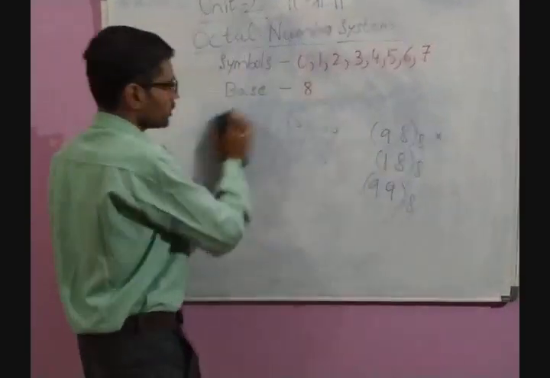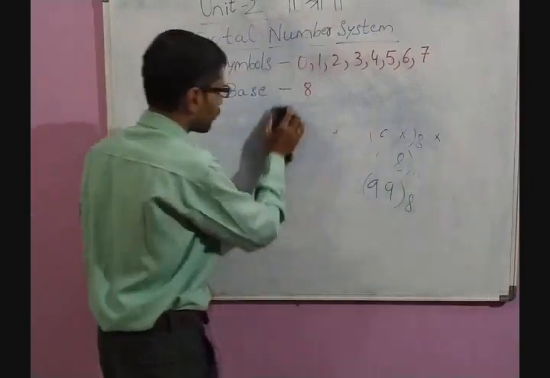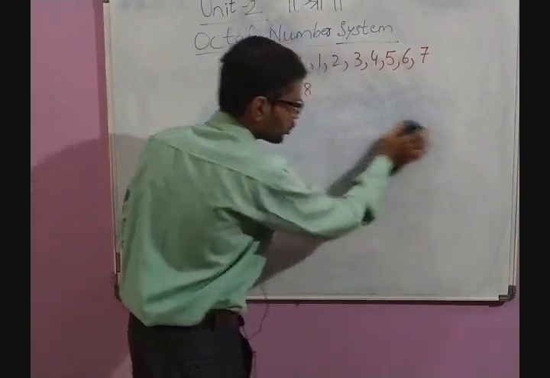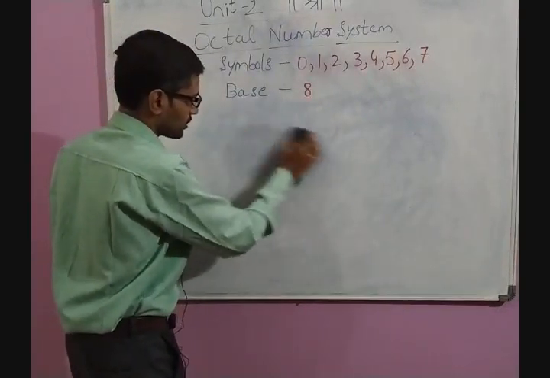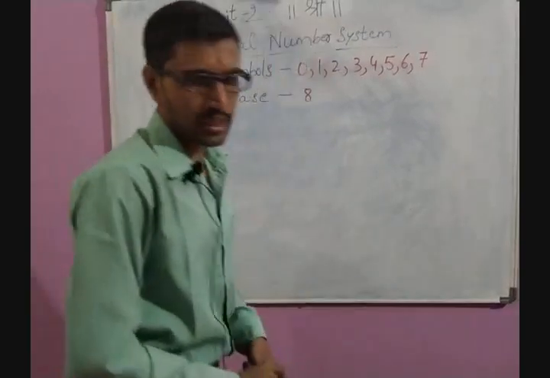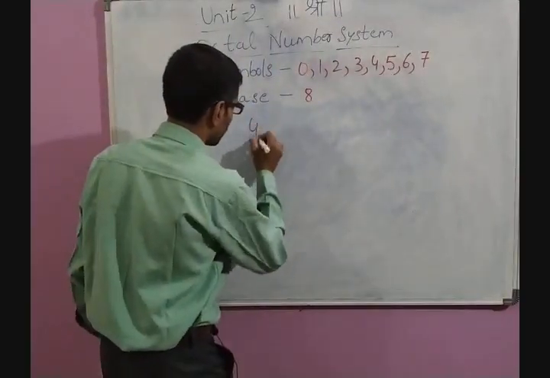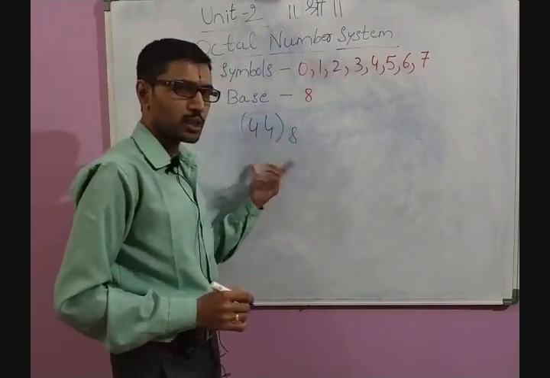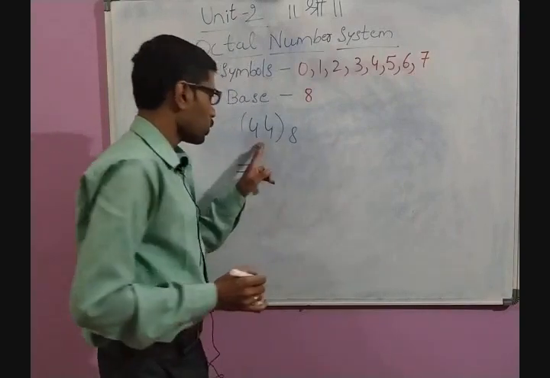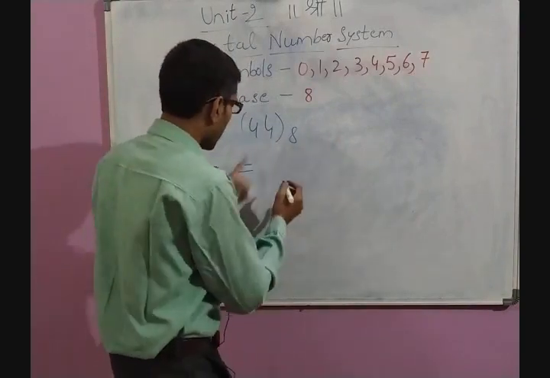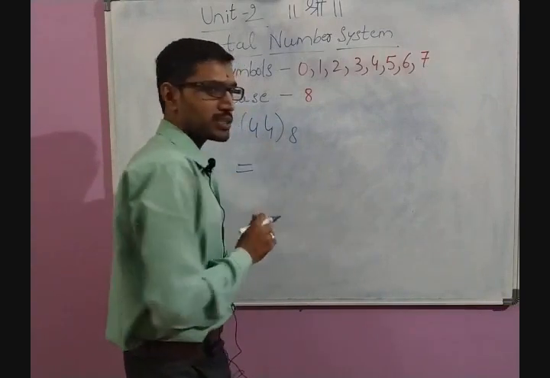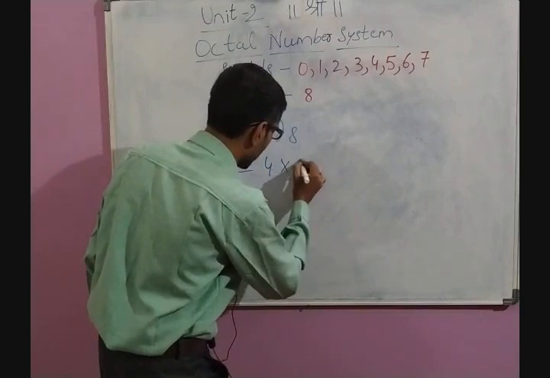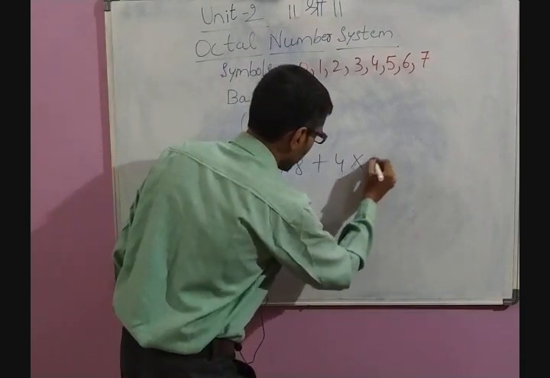Now if I take a number and want to find its decimal equivalent, we need to follow the same procedure that we did with binary numbers. For example, take the number 44 to the base 8. To find the decimal equivalent, I need to take the positional values and multiply them with the digits in the respective positions. So I take 4 into 8 raised to 1 plus 4 into 8 raised to 0.